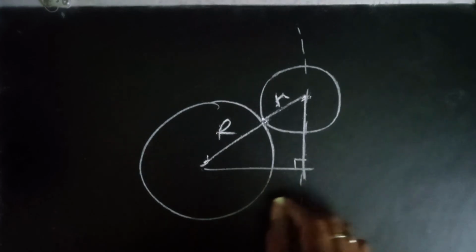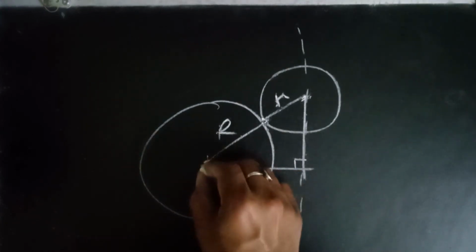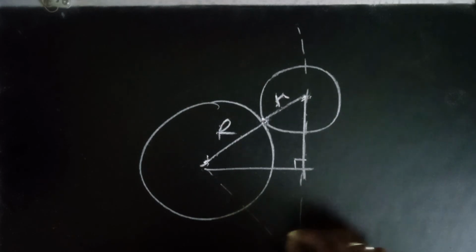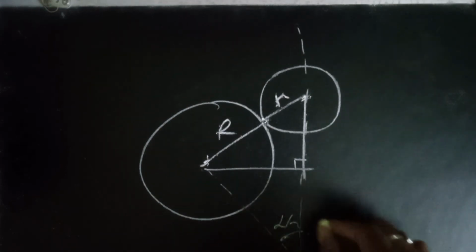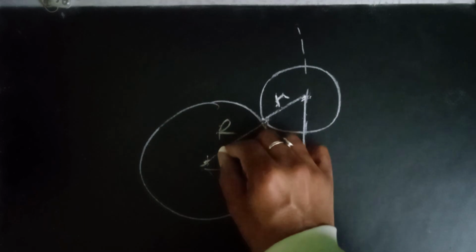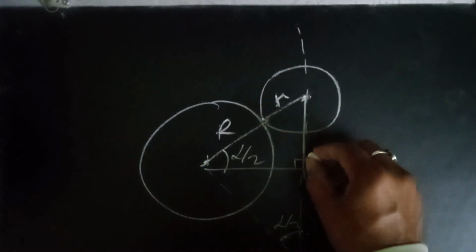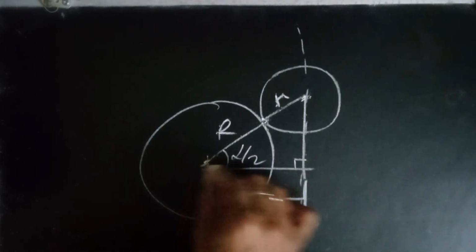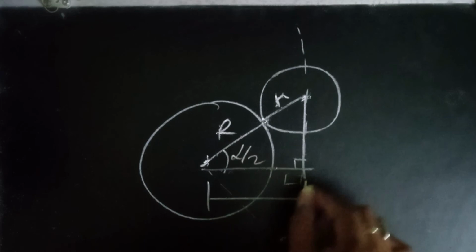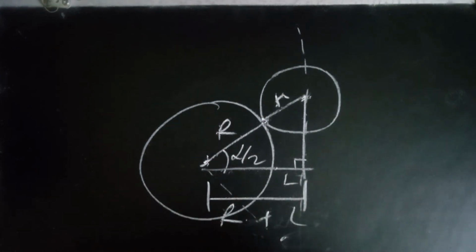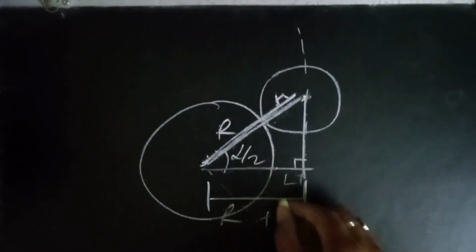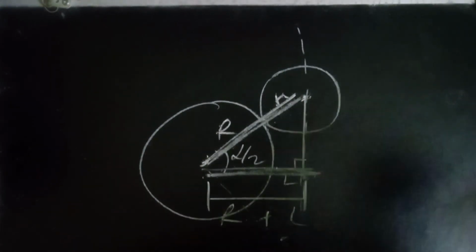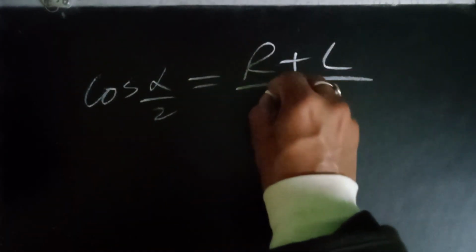This angle is alpha by 2, so this is 90 minus alpha by 2, and this part is R plus L. The hypotenuse is R plus r, the base is R plus L, so cos alpha by 2 is nothing but R plus L by R plus r.